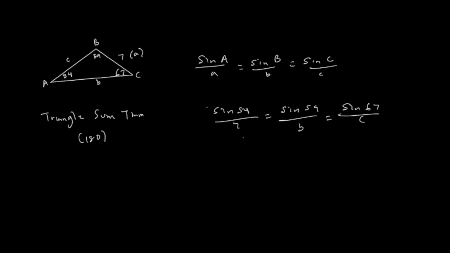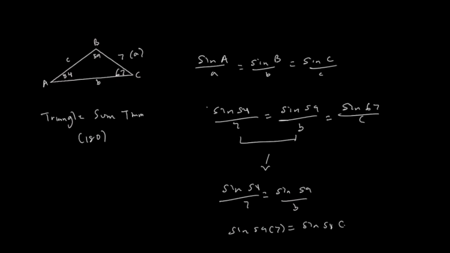First of all, let's take this part out and separate it. So sine of 54 over 7 equals sine of 59 over b, and let's solve it as a proportion. So we do sine of 59 times 7 equals sine of 54 times b. We first multiply this out, and remember, you want to have your calculator in degree mode because we are using degrees here, not radians.